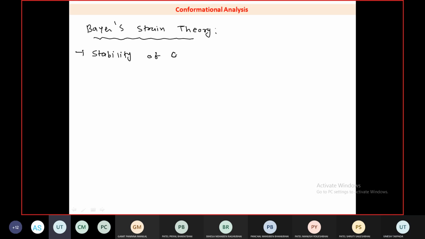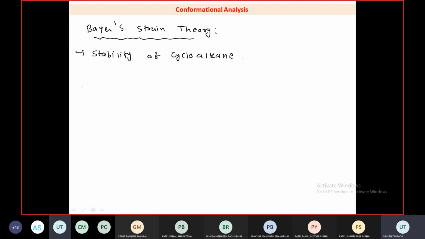So according to Baeyer strain theory, which is very important to decide stability, we can explain the stability of cycloalkanes using Baeyer strain theory.